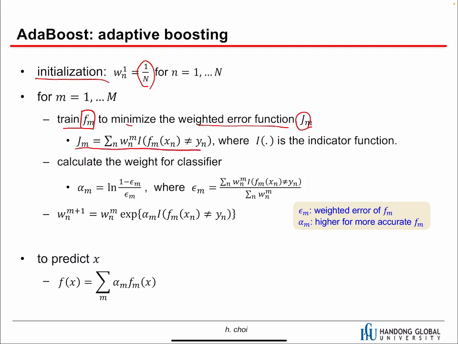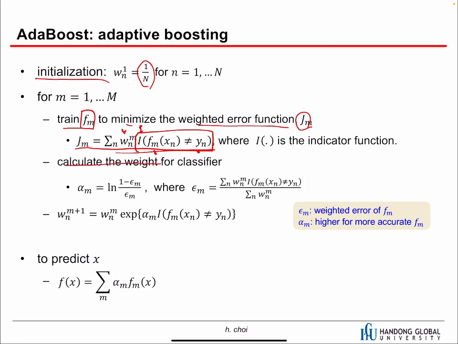This is uniform, and this one is an error indicator. When the prediction is not exactly the same as the target, it is 1. Otherwise, it is 0. So we are focusing on all the misclassified predictions.